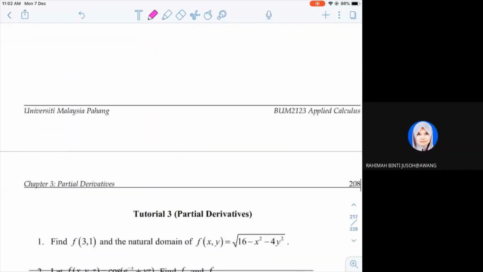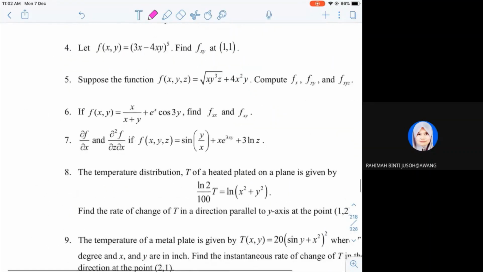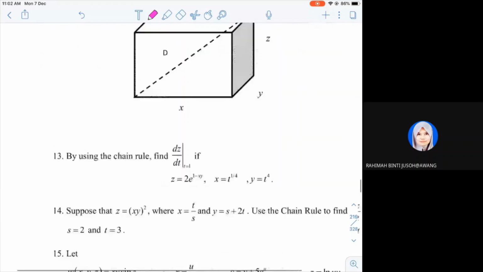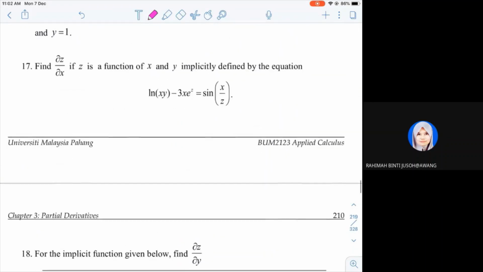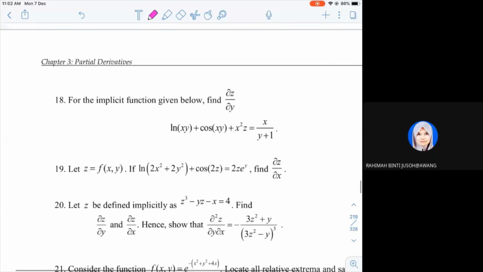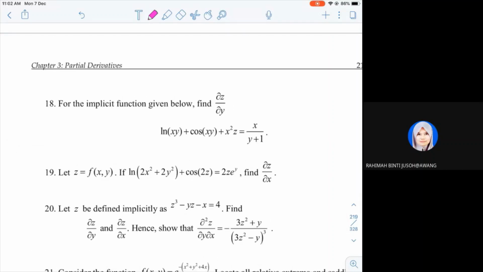One more question before I go to relative extrema. This is the chain rule. I want to find implicit. Okay. Let's say we do question number 18. Okay, question number 18. Implicit differentiation. This is a tutorial question.